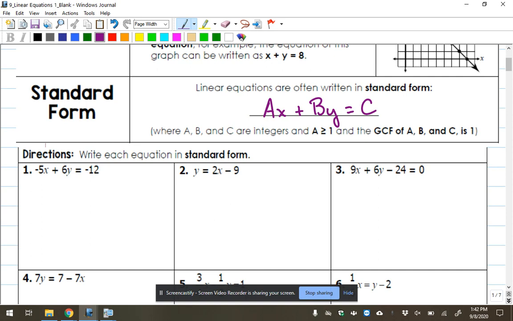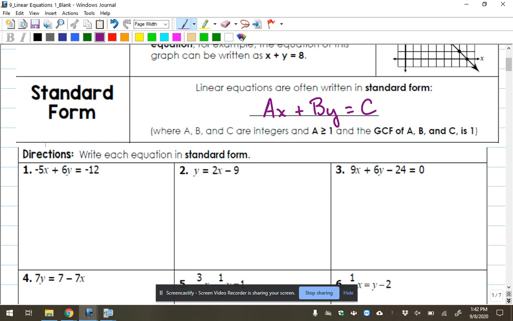Looking at number 1. It looks like it might already be there. But what rule that's given above does it violate? Divide them by what? It's got to be all 3 of them. Can't just be 2 of them.